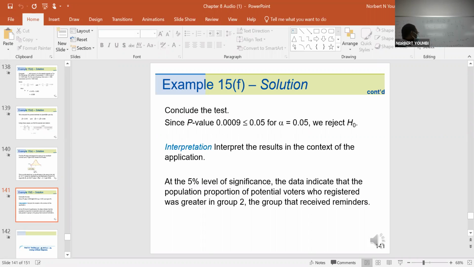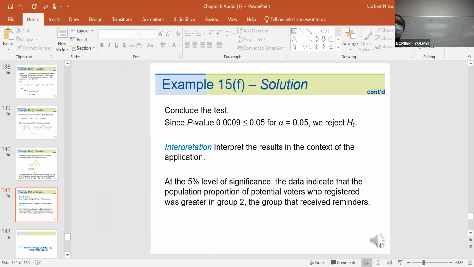So what is our decision? Is it greater than or less than alpha? Let's take alpha equal to 0.05. Is this p-value greater than or less than alpha? The p-value is less than or equal to alpha. So reject H0.